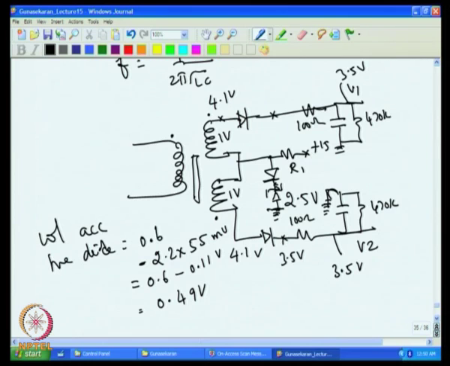So, at 80 degree C the voltage at this point would be 2.5 plus 0.49, so roughly 3 volt.